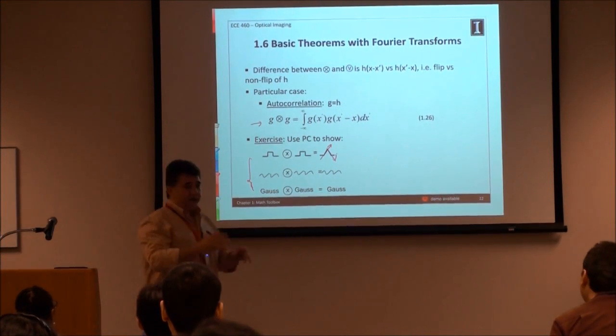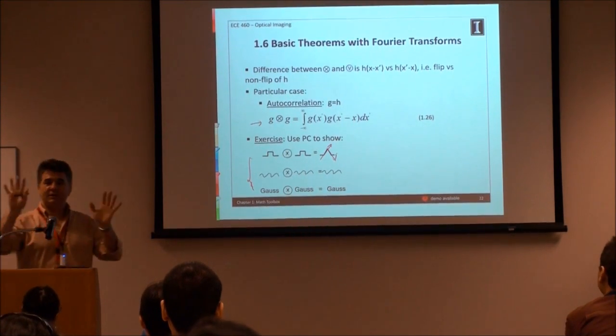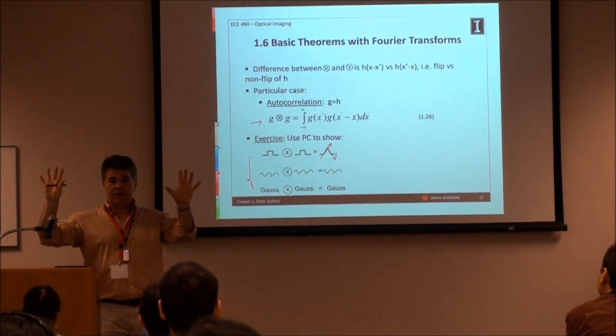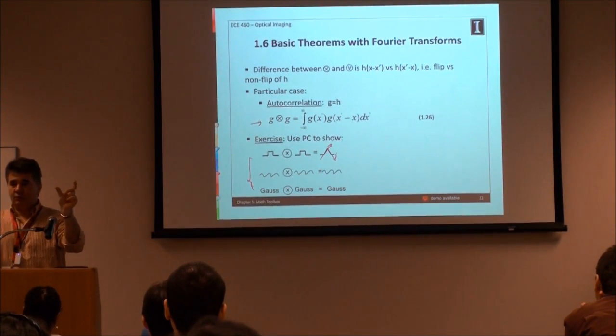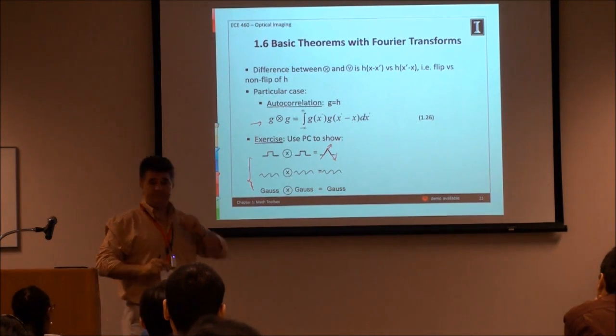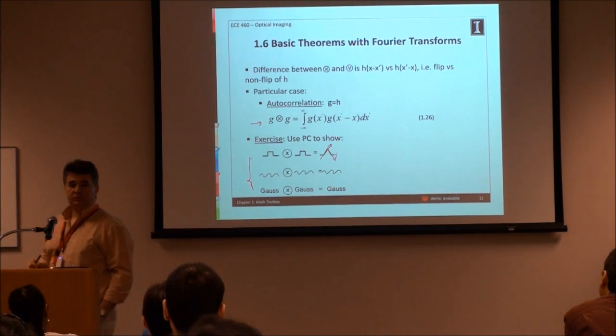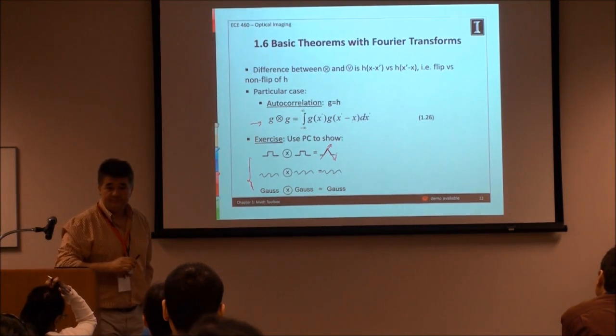But in general, if I have bell-shaped functions, not necessarily Gaussian, but let's say there are two Gaussians, and I convolve them. If each of them has a width A, let's say, what will be the width of the convolution? It's going to be bigger or smaller? Bigger.